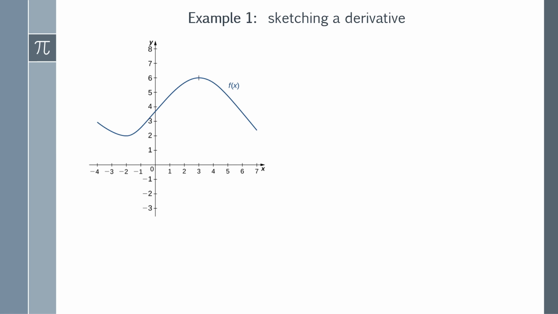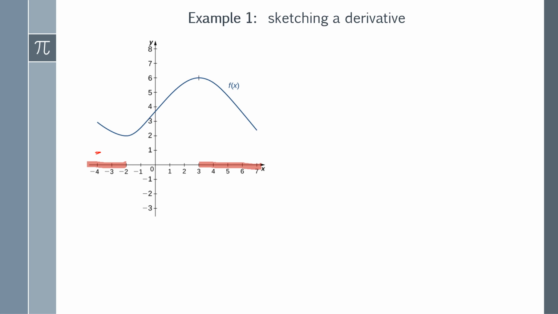Now, let's discuss some of the behavior of this function. Notice that our function is decreasing from negative infinity to roughly -2, and also from 3 to positive infinity. You can think about this as all of the slopes of tangent lines on these intervals being negative, right?